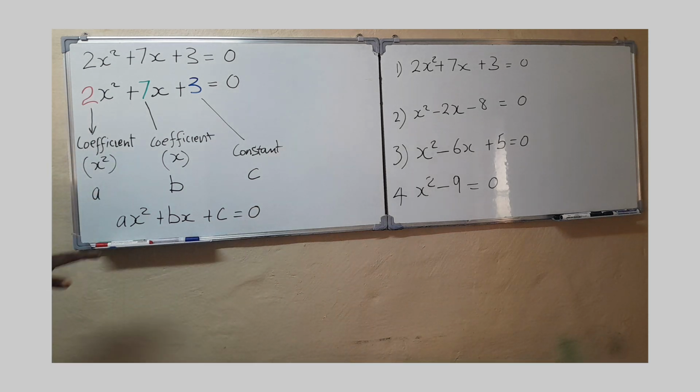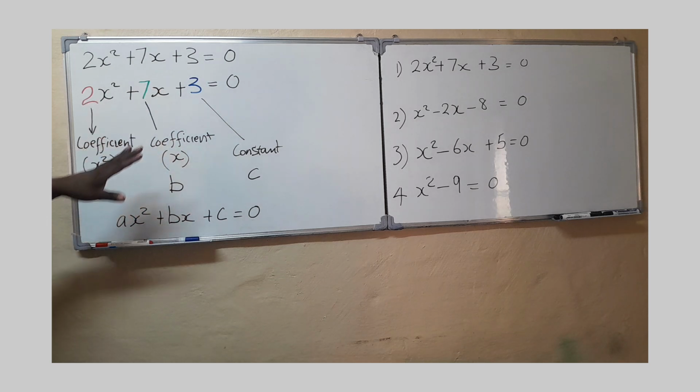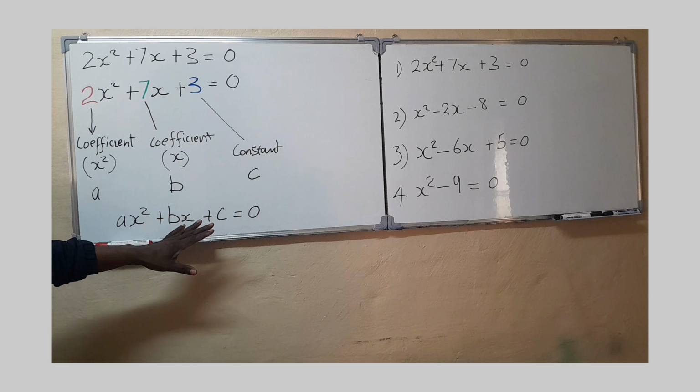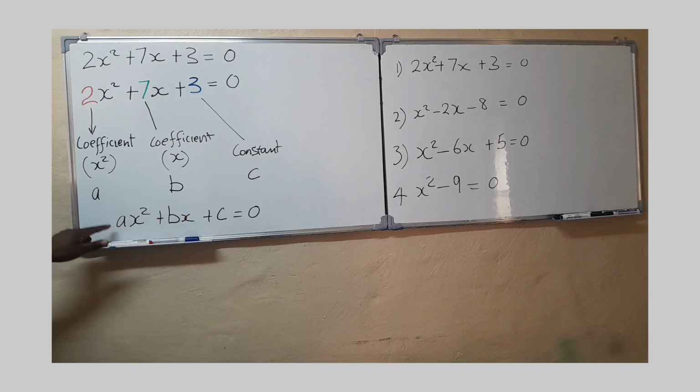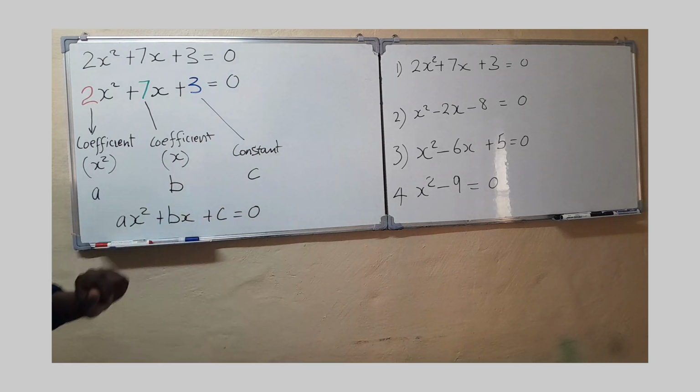So now we have a general quadratic equation, one that is not a particular one like we have 2 here and 7 there or 3 there. This one is a general one. It gives us a general shape of a quadratic equation where A would be the coefficient of x squared, your B would be the coefficient of x, and C is a constant or an ordinary number.